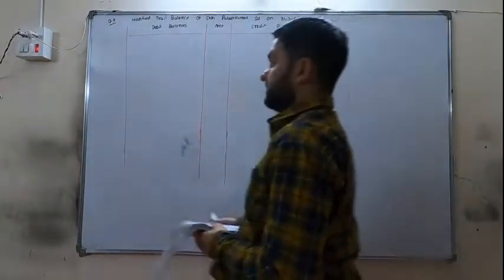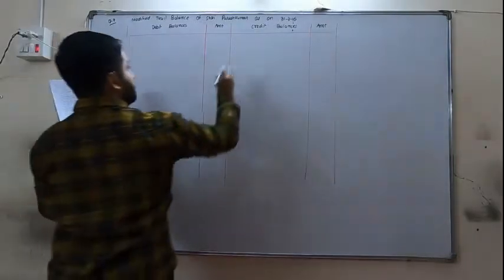Okay, let's start. Capital is having a credit balance.